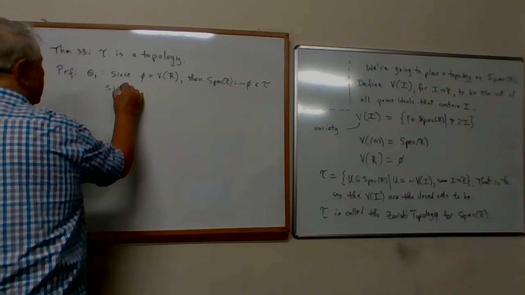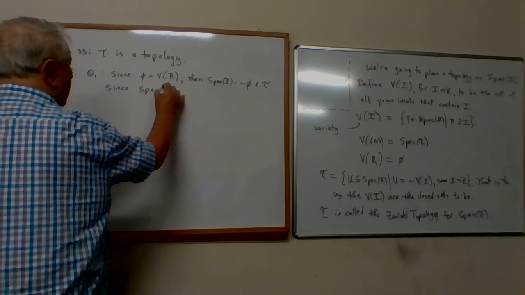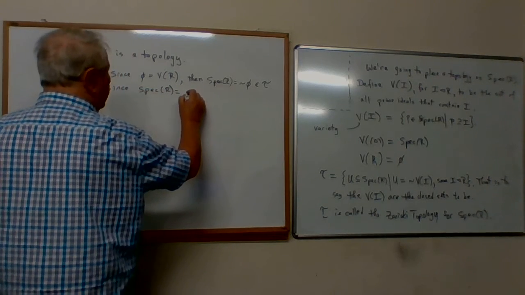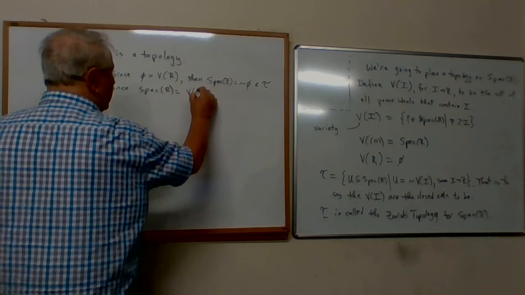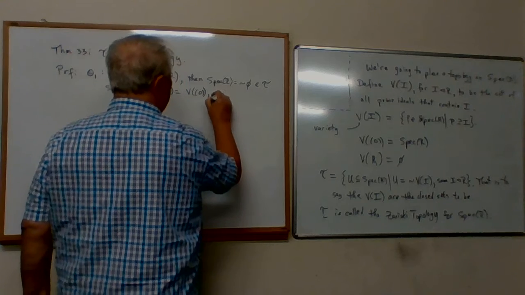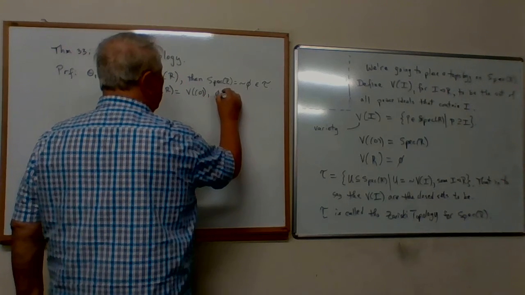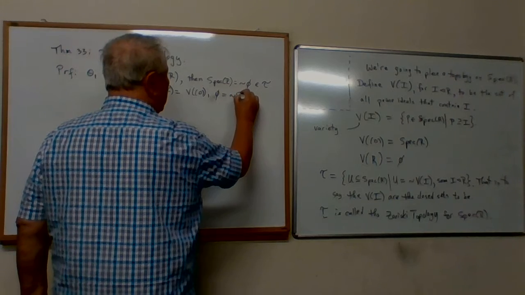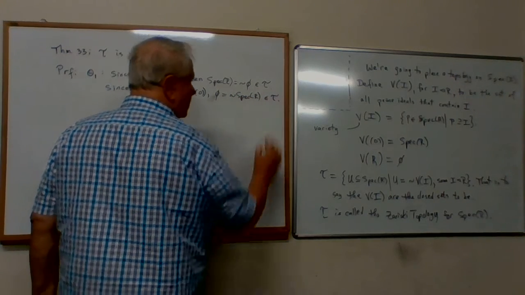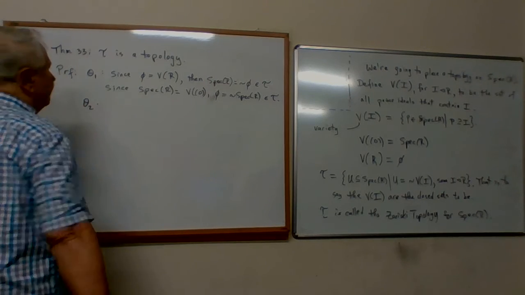And similarly, since spec R is equal to V of the zero ideal, then phi, which is the complement of spec R, is in tau. So that gives us our first one.